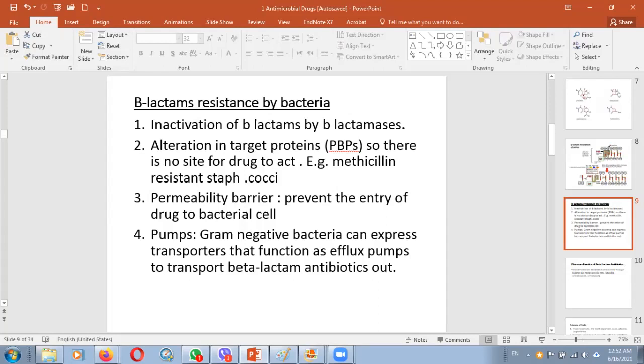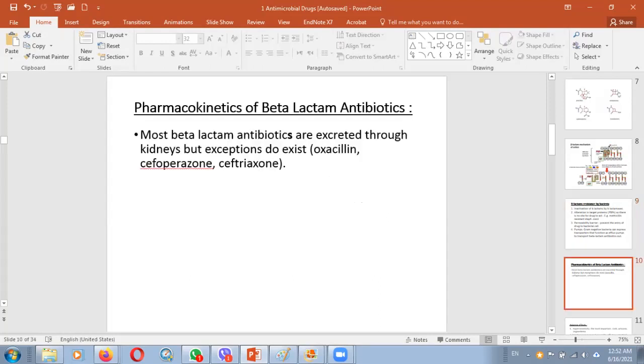They have developed some kind of mechanism to push or move the beta-lactams out of the cell, a kind of pumping so that the drug goes outside the cell.